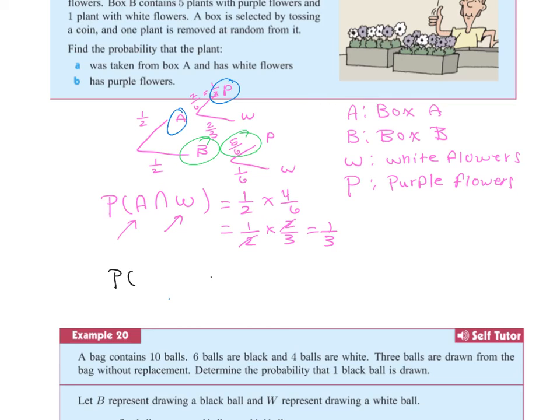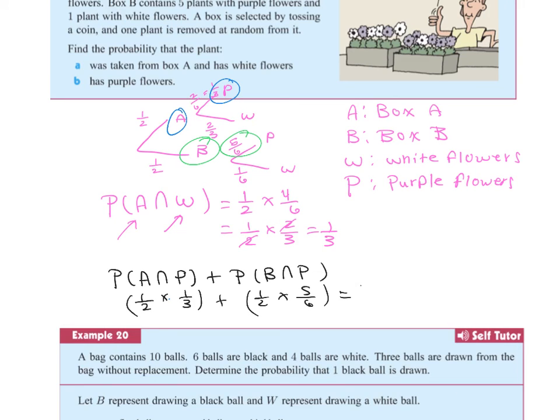The probability that I choose from box A and I get purple flowers, or I choose box B and I get purple flowers. Either of those will get me purple flowers. I don't care which box. So 1/2 times 1/3 plus 1/2 times 5/6. Well, when you do this correctly and you reduce, you get 7/12.